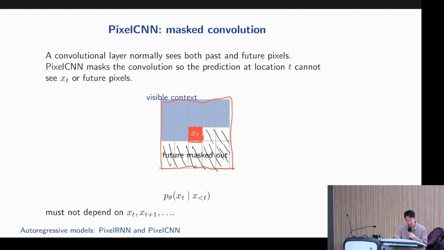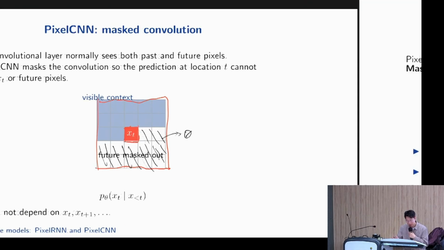So you have to apply a mask so that the convolution window completely multiplies whatever input it receives to 0 at this location, because we don't want it to see the future information. Because during inference, we cannot see the future. We can only condition on what we generated. So that's going to be our masked convolution.